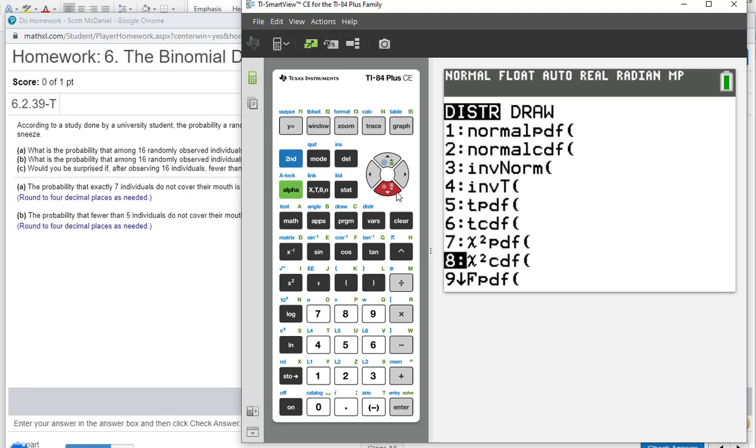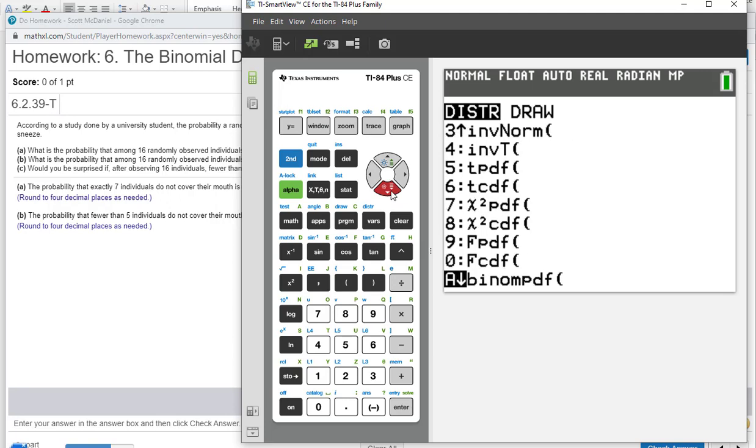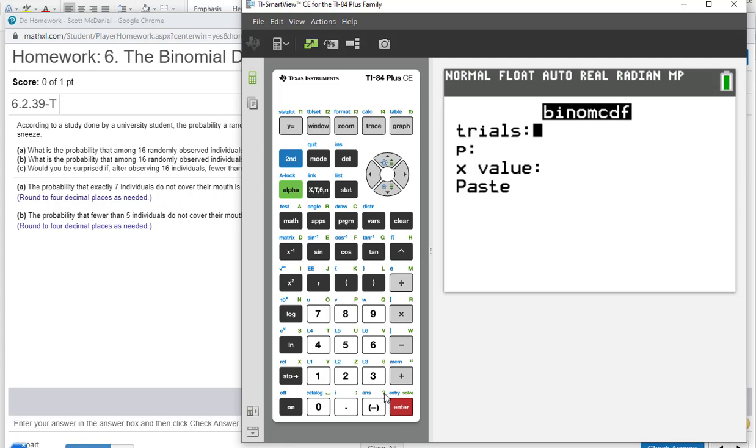So I could do binom PDF on 0, 1, 2, 3, and 4 and add those up. Or I can use binom CDF. And I've got 16. P is 0.267. Here, what is the X value? It's fewer than 5, so that means I go up to 4. So I want 4 or fewer.